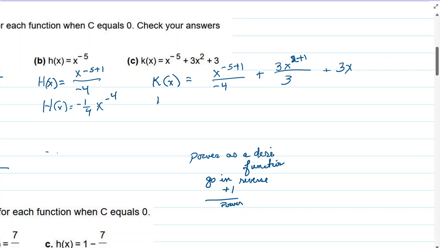So that leaves me with cap K of x, the basic form. And if we took the derivative of cap K of x, we would get what we had to begin with. Is everybody seeing that transition?